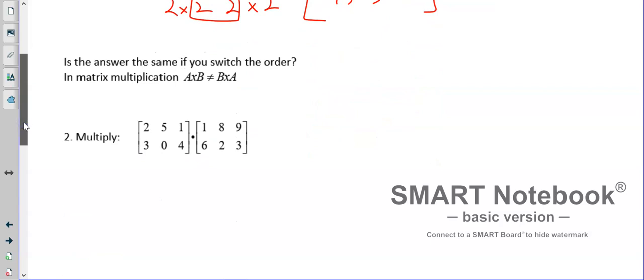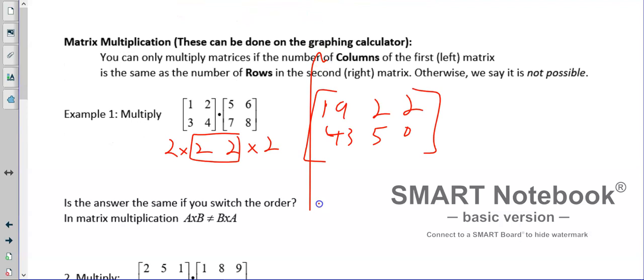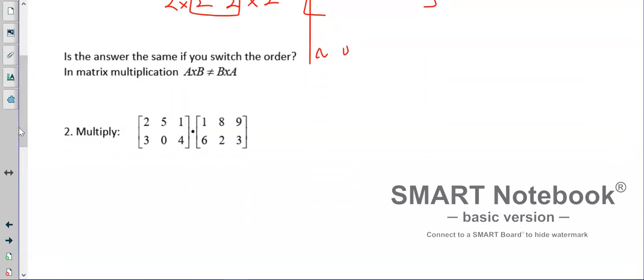In matrix multiplication, A times B is not the same as B times A. And that's weird because we're used to saying 2 times 3 is the same as 3 times 2. But we're not dealing with just numbers here, we're dealing with matrices.